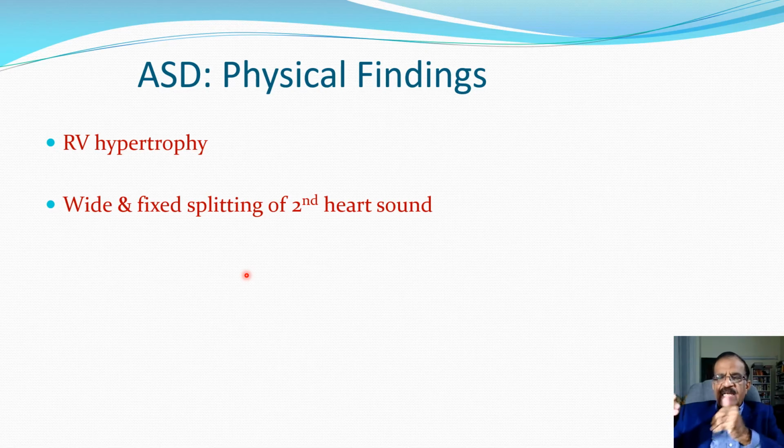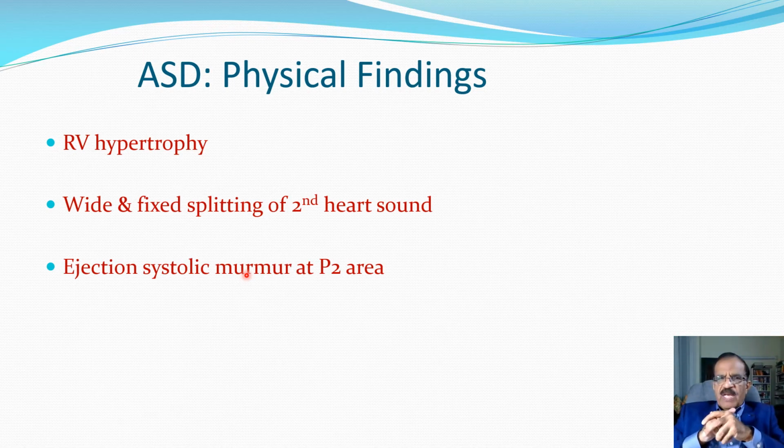The pressure on the right and left side equalizes because there is a foramen. There is a communication. So if you have not understood this well, then just remember that in atrial septal defect, we have wide and fixed splitting of the second heart sound.